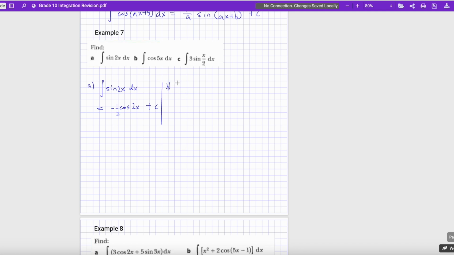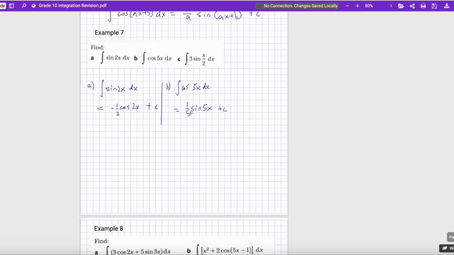Okay, let's check the integral of cosine 5x dx. You should be able to get sine 5x plus c. And remember, we have to differentiate 5x, which gives 5. So we're going to divide the whole thing by 5, or multiply it by 1 over 5.